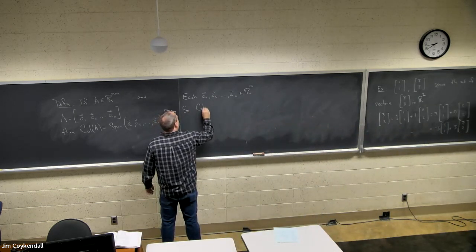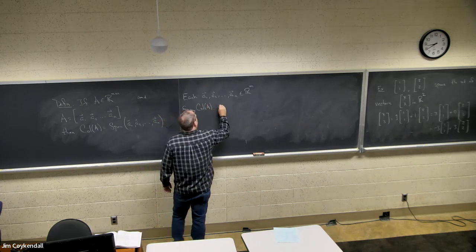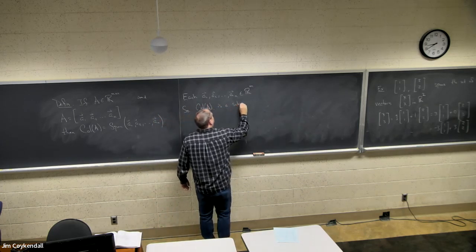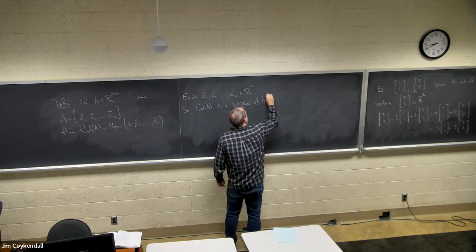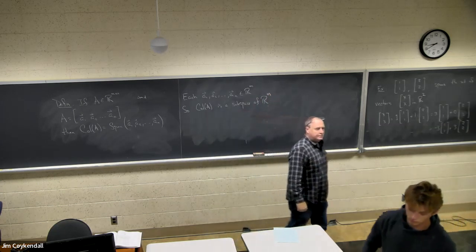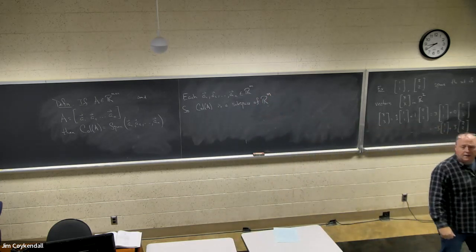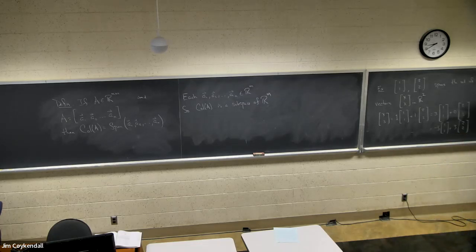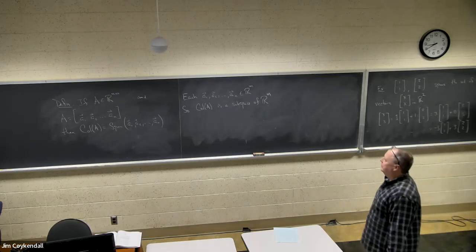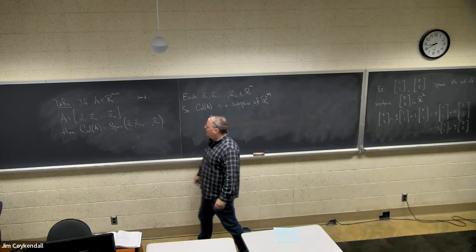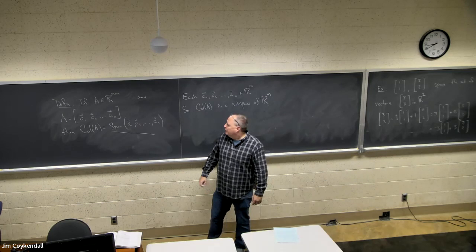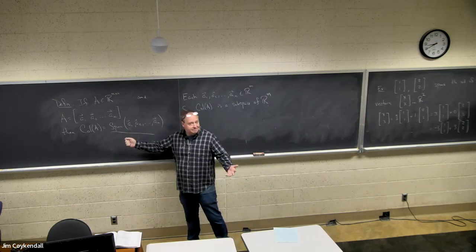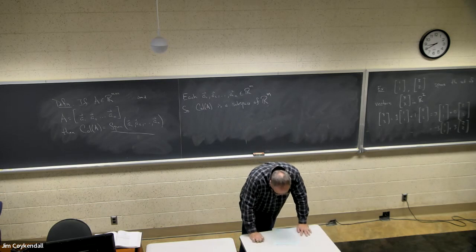So the column space of A is a subspace. It's clearly contained in R^m because every one of the column vectors is in R^m, right? Why is it a subspace? Because we've already shown that the span of any collection of vectors is a subspace. So since the column space is the span of these, it has to be a subspace of R^m.